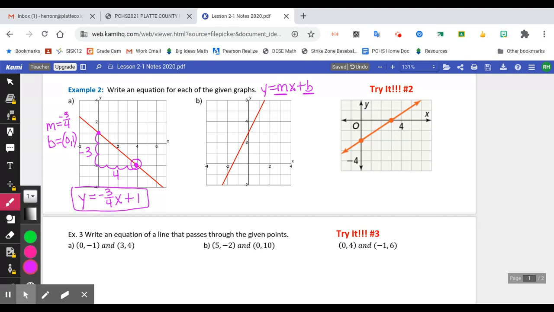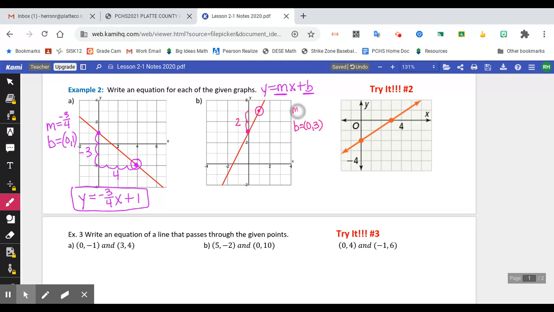Okay, same thing. I'm going to start on the y-axis where it crosses. So my b is at 1, 2, 3. So 0, 3. And then I have to find another point where it crosses, which is right here. So I'm going to put a point right there. And my slope is positive because it's going up from left to right. So 1, 2.